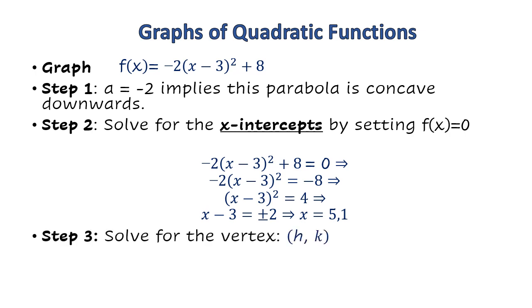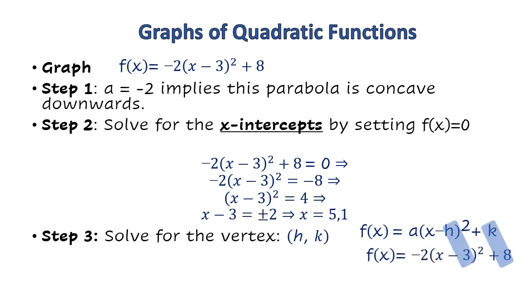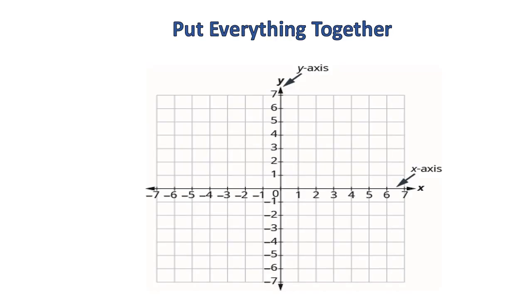The vertex is (h, k). So let's see what my h is, what my k is. So h is 3 and k is 8. Therefore, the vertex is (3, 8). Now, these are the x-intercepts, this is my vertex, and this is my parabola.